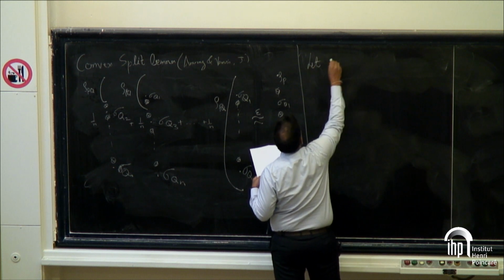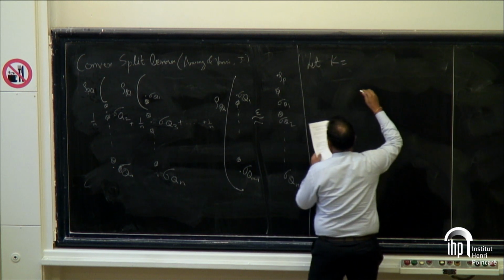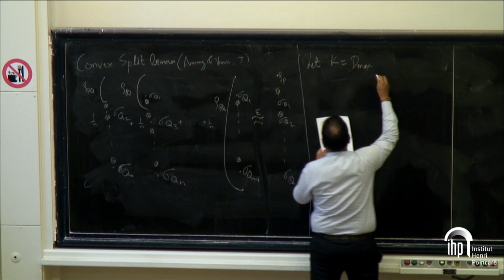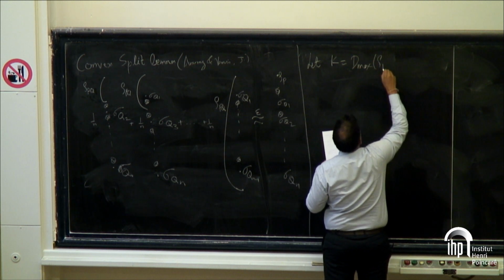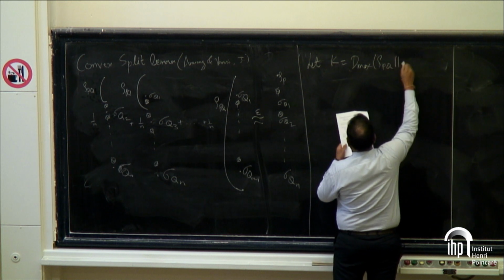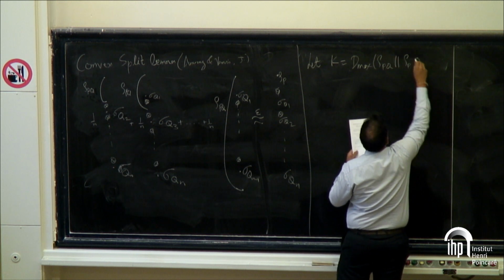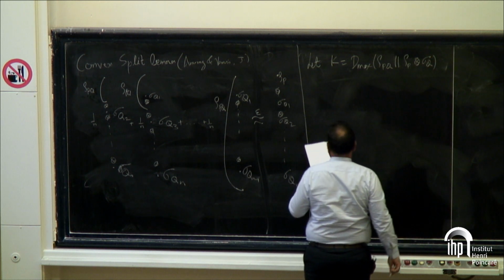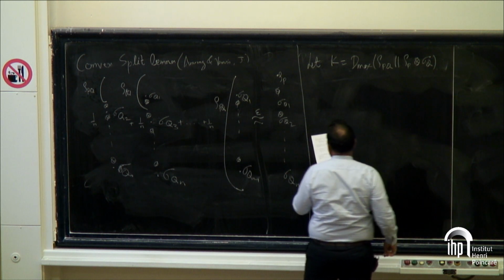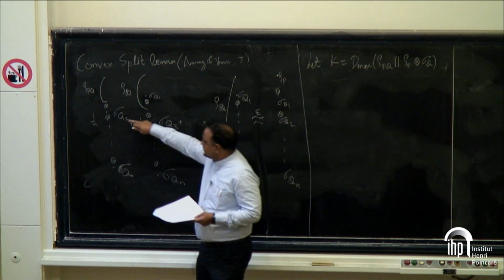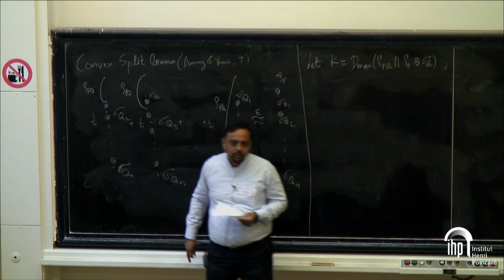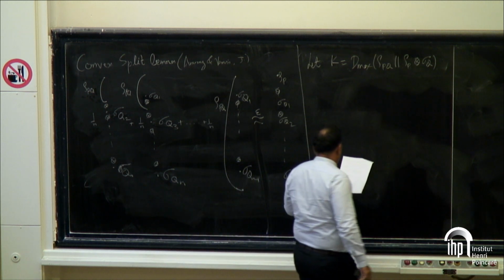Let k be equal to Dmax of rho pq with rho p tensored sigma q. By the way, all these sigma q2 are the same state sigma.